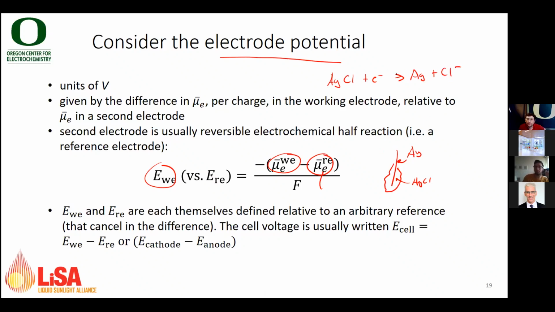So there's a reversible reaction, and at equilibrium I can write that mu bar of the electron in the silver has to equal the products minus the reactants. If I take products minus reactants and solve for mu bar e, I get mu bar of Ag in the silver plus mu bar of Cl minus in the electrolyte solution, minus mu bar of AgCl.